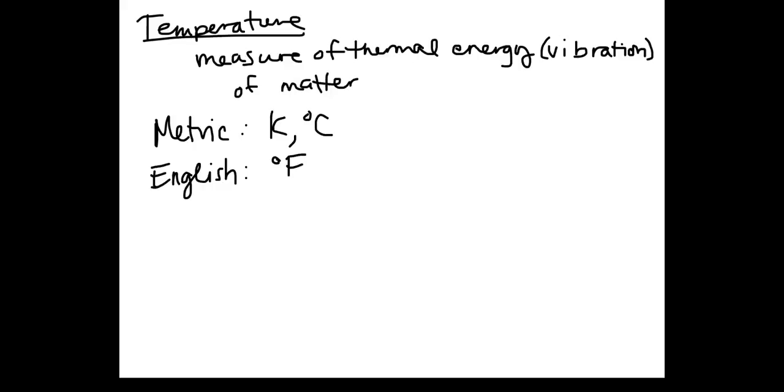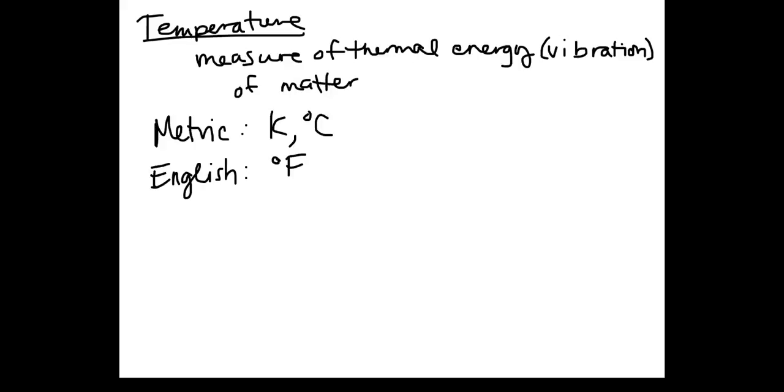Because Fahrenheit freezing is 32 degrees. Celsius 0 is freezing, which makes a little more sense, right? But yeah, so English is Fahrenheit, metric is Kelvin and Celsius, because metric is based on our base 10 number system. And so it generally tends to make more sense in terms of conversions and in this case, the definition of freezing point for water.